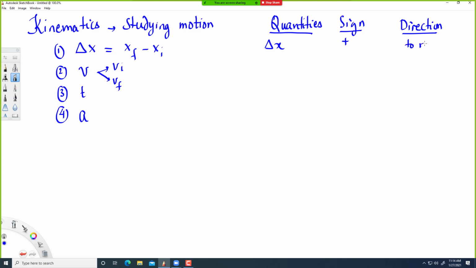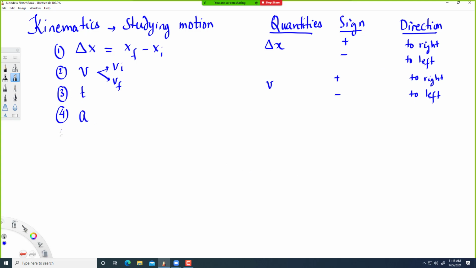You are moving to the right. If the displacement is negative, then you are moving to the left. Same thing with velocity. If you are moving to the right, your velocity is positive. If you are moving to the left, your velocity is negative. And we'll also talk about the direction of acceleration in a second.